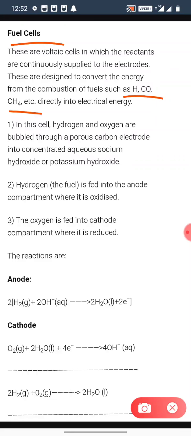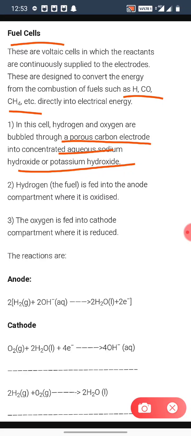Now what is the first point mentioned here? In this cell, hydrogen and oxygen are bubbled through a porous carbon electrode. Porous means having holes. They are bubbled into concentrated aqueous sodium hydroxide or potassium hydroxide solution, which acts as the electrolyte here.